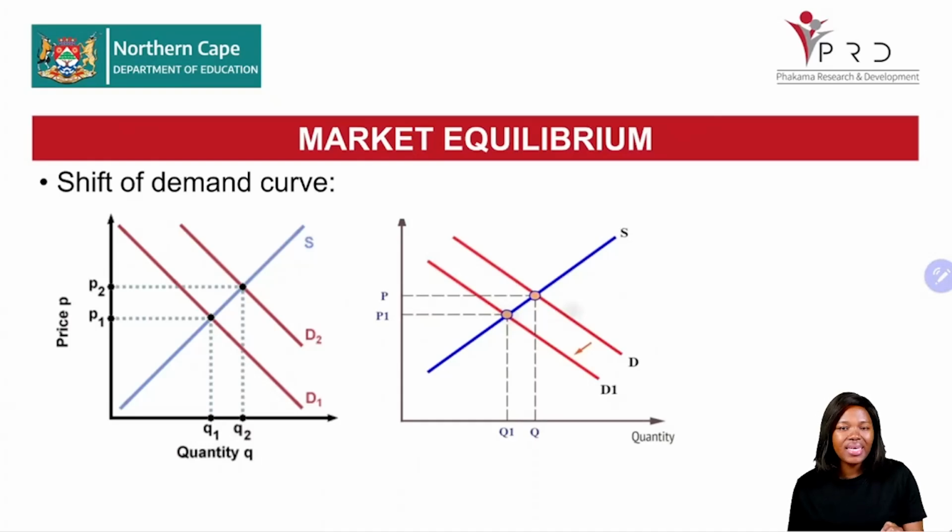Now, let's just say initially, these were the number of consumers that were demanding the product. Now, once there is an increase in the number of consumers in the market, that will cause the demand curve to shift to the right.